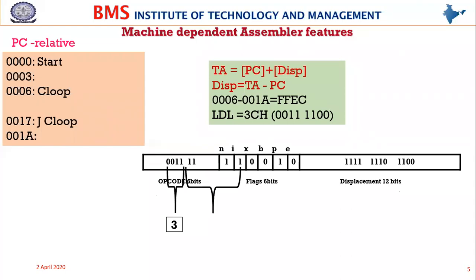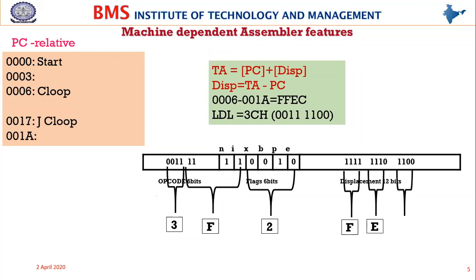The next 4 bits group will give you 4 ones, which is F. Then 0010 you're going to get a 2, and 4 bits together again an F, and then an E, and then a C. So this is our object code computation for the PC relative addressing.